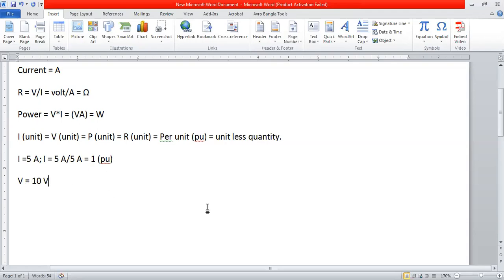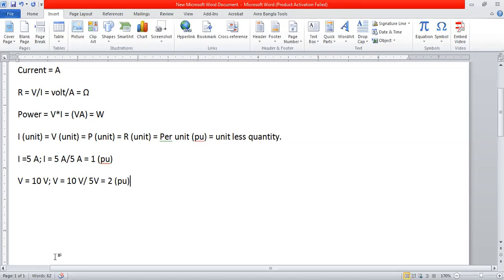Now the voltage is 10 volt. If we divide this 10 volt by 5 volt, then the answer is 2 per unit.